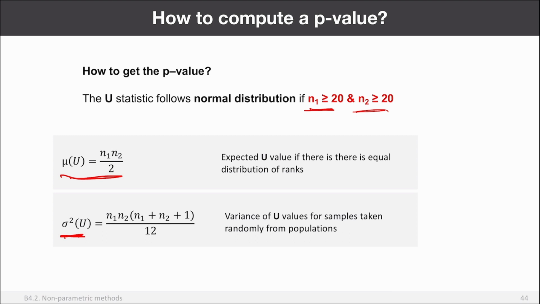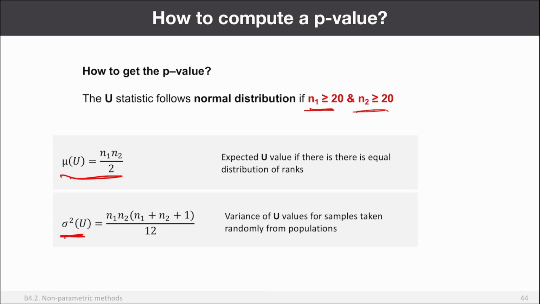First of all, if the sample size is smaller than 20, then we cannot use the normal distribution, and there are some tabulated values, so you still can find the distribution of U, but it's a bit complex, and therefore there is no function implemented in R that you can use to calculate all these statistics. There are some tables, okay? That's one thing. The second thing, when we say follows a normal distribution, it means approximately. So it's not precisely, but approximately follows a normal distribution, okay?